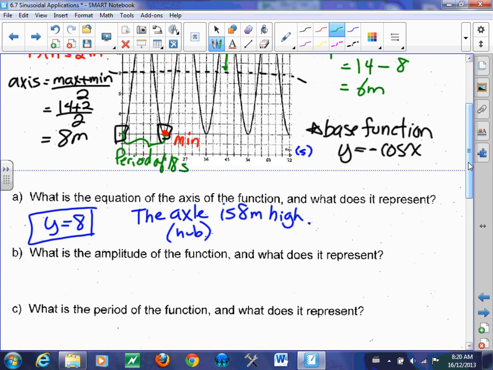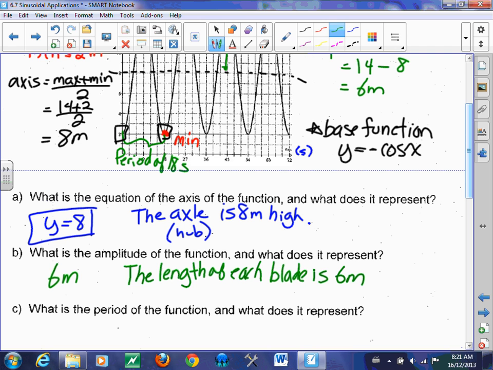All right, next one. What is the amplitude of the function? Well, we already calculated the amplitude is 6 meters. And what does that tell us, folks? That tells us the length of each blade. Okay.